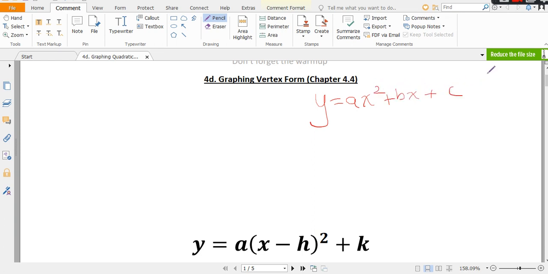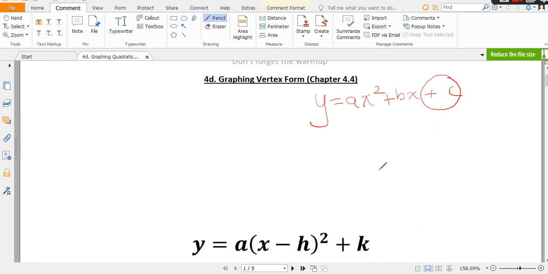We also talked about the fact that each one of these forms, whether it be the standard form, the vertex form, which is what we're going to talk about today, and the factored form, which is what we're going to talk about next lesson, each gives us a different characteristic of the parabola. From the standard form, our c value, the value at the end, tells us our y-intercept.